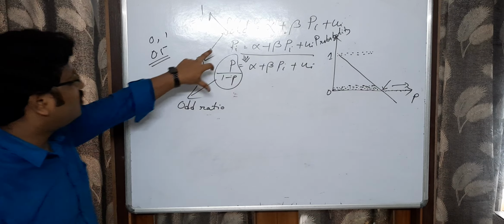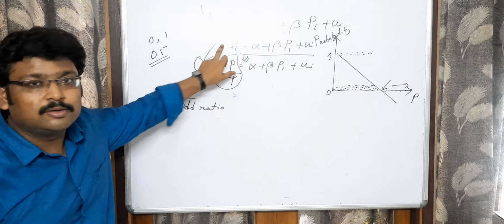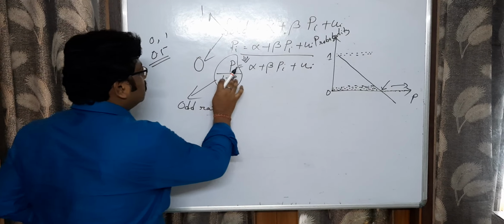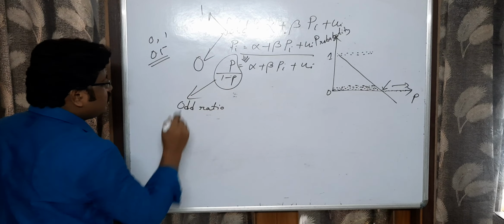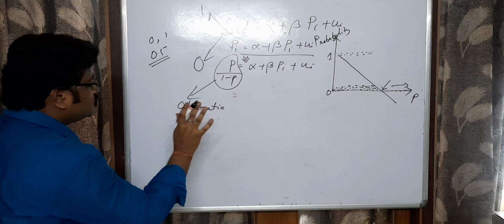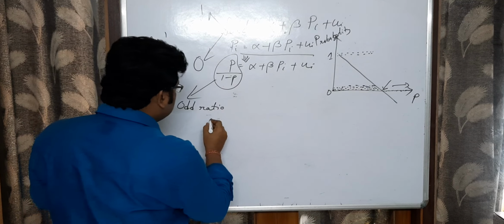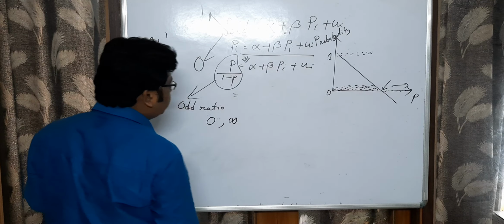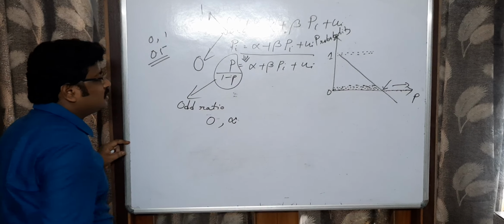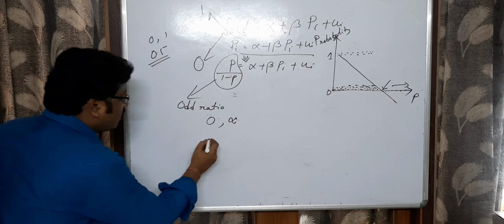The odd ratio has a range of 0 to infinity, and the midpoint is 1.